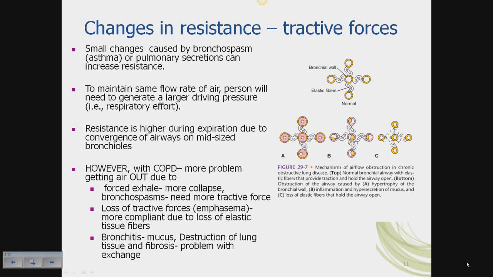And in letter C, you're seeing loss of elastic fibers that can hold the airway open. So in all three bottom cases, we're seeing that the lumen is becoming obstructed in some way, either because of hypertrophy, secretions, or loss of tractive forces. All of that is going to lead to increased resistance, and that means we're going to have a problem with getting air out.